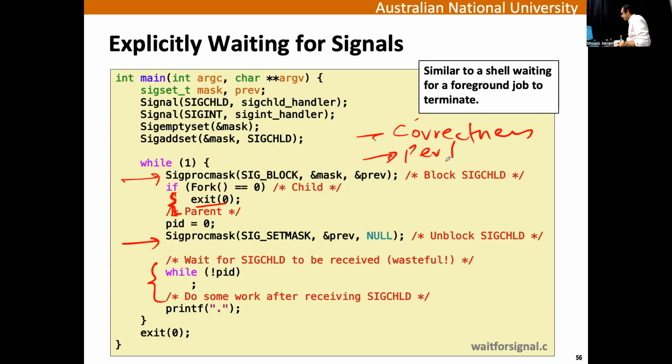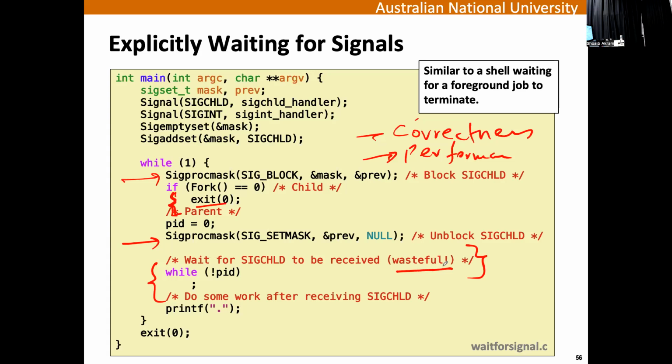What is this code wasting? It's burning the CPU, right? It's while one, the processor is executing one instruction after the other, right? So this is a waste of time, waste of resource, but this will work correctly.